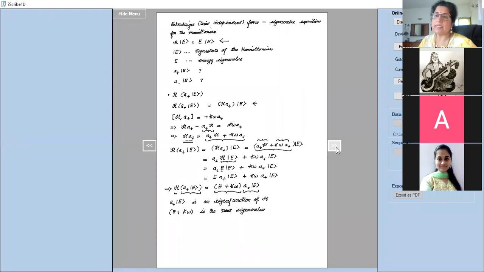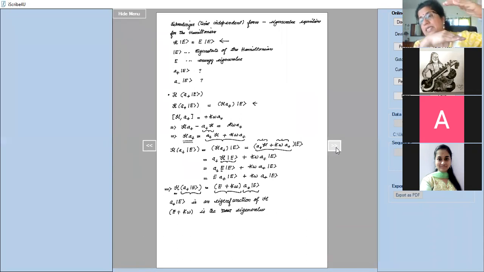So, let us now think about what this A plus did to this eigenstate E. Originally, the energy was just E. Now, what is the energy? E plus H cross omega. So, what has this A plus done? It has changed the energy level, right? Originally, the energy level was such that it gave you an energy of E. But now, with the action of A plus, you have gone to an energy level where the energy is E plus H cross omega.